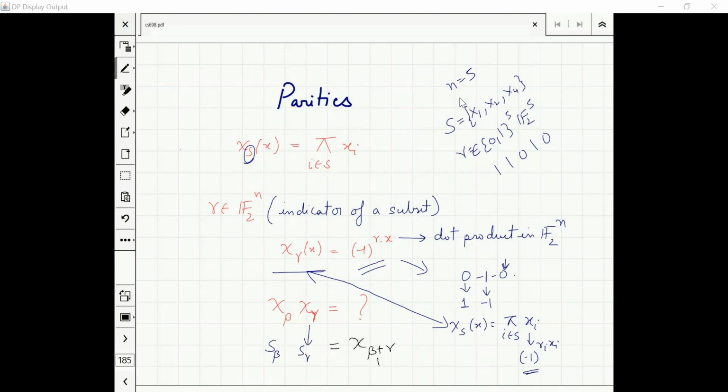And beta plus gamma will correspond to which subset? Their symmetric difference, S beta symmetric difference with S gamma. Very good. It is the symmetric difference of beta and gamma: things which are in beta but not in gamma, or things which are in gamma but not in beta.